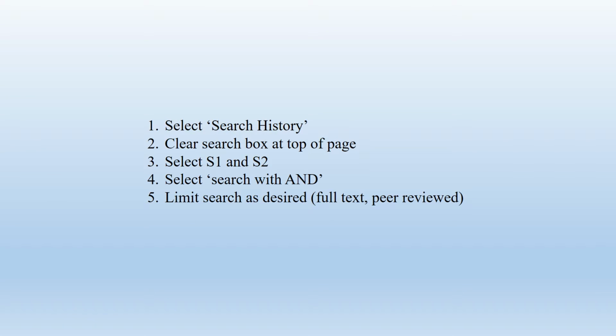Now that you have searched the thesaurus for all of your facets, you can now select Search History, clear the search box at the top of the page, select S1 and S2, search with And, and limit your search as desired.